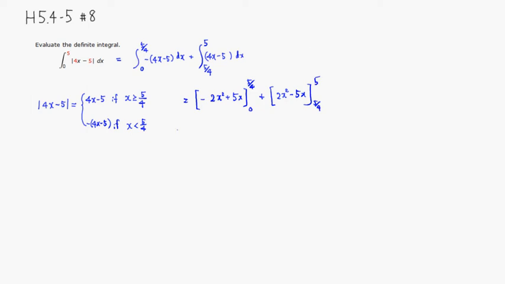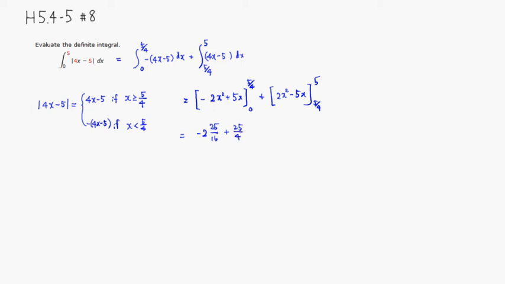So this is going to be equal to, plugging in 5 quarters here, negative 2 times 5 quarters squared, so 25 over 16, plus 5 times 5 over 4, which is 25 over 4.